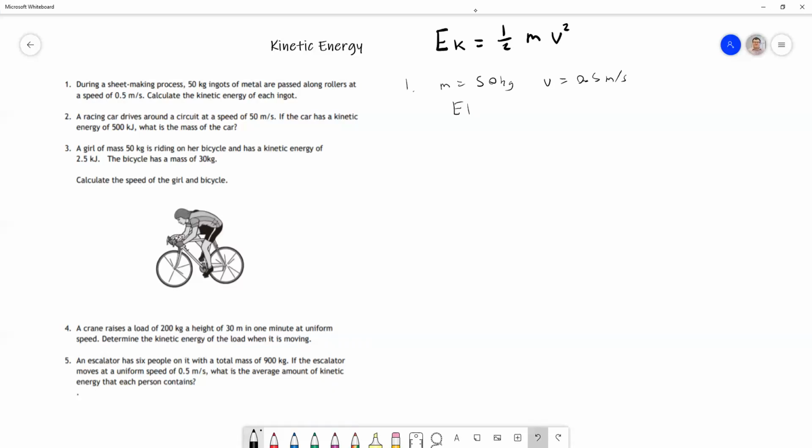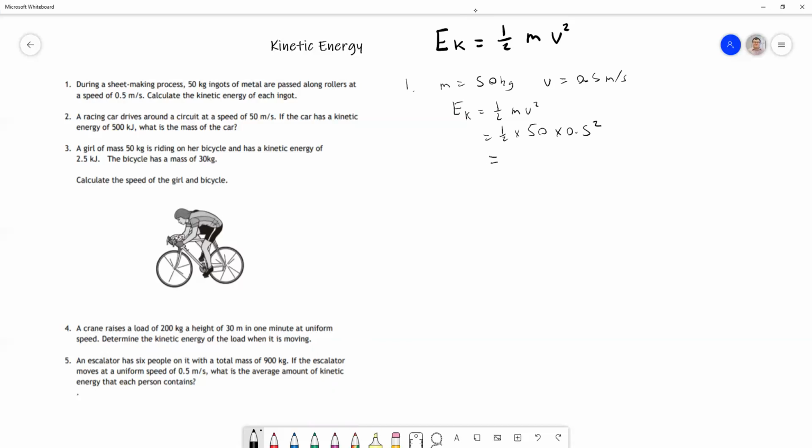So I can write down EK, with the K as a clear subscript. EK is equal to 1/2 times m times v squared. And so that's equal to 1/2 times 50 times 0.5. And remember, the 0.5 is squared. This is important, otherwise we won't get the correct value in our calculation.